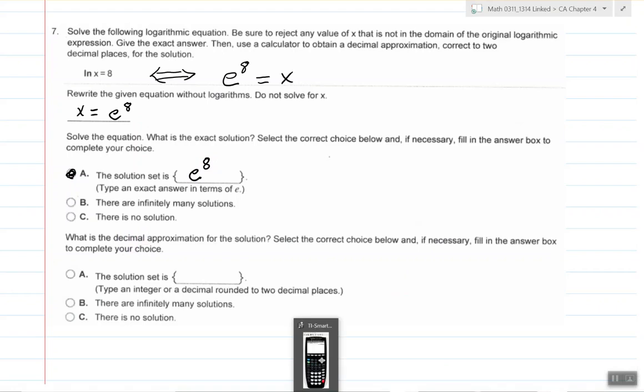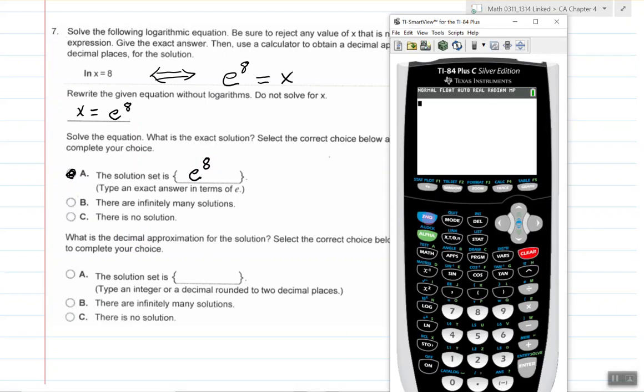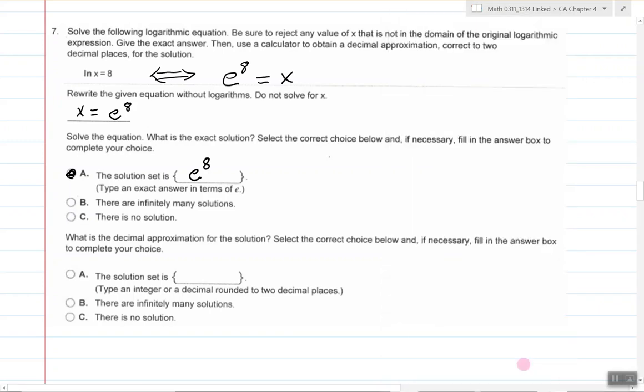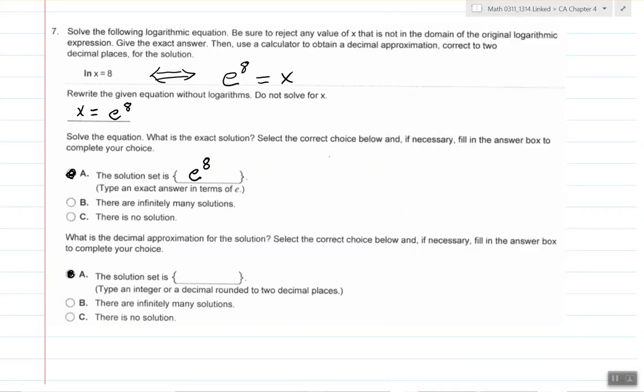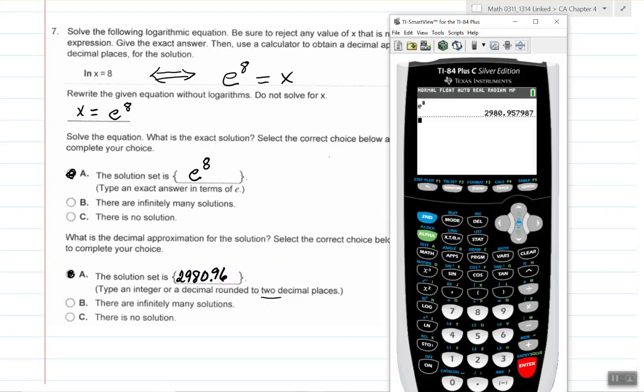So going to my calculator, I do second of the ln key is e to a power, the 8th power, and that gives us 2980.96, because I'm still rounding to 2 decimal places.